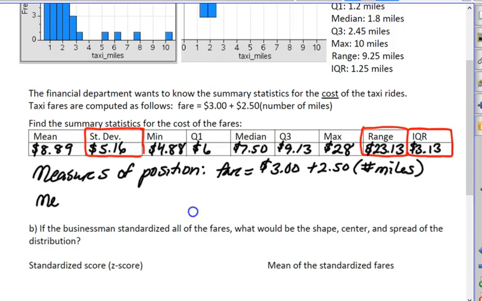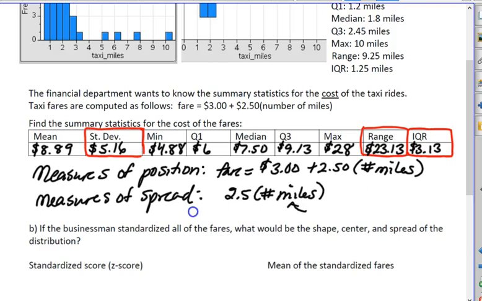But measures of spread, we are just going to do 2.5 times the number of miles. So this is going to be a spread like IQR, range, or standard deviation. So those are all going to be measures of spread only.